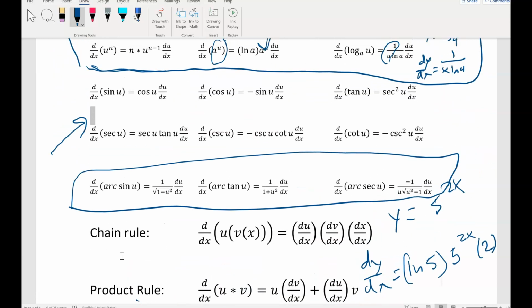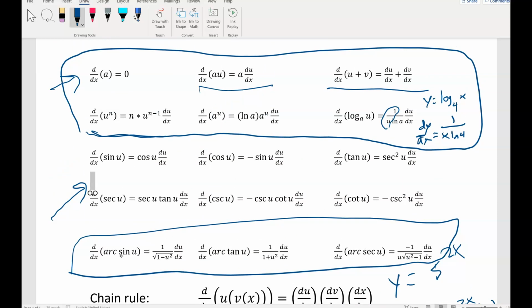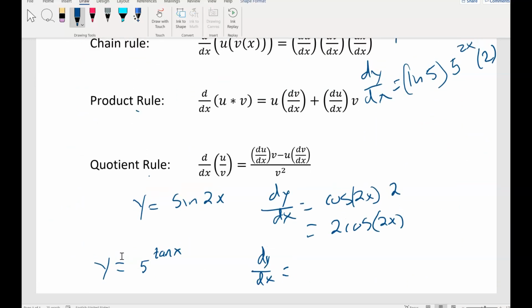We got an exponential rule. That's the outside function. This tells me that when I have an exponential rule, I got to multiply by the natural log of the base. The exponential stays the same, and then I have to multiply by the derivative of the inside function. So that would be natural log of 5 times 5 to the tangent x.